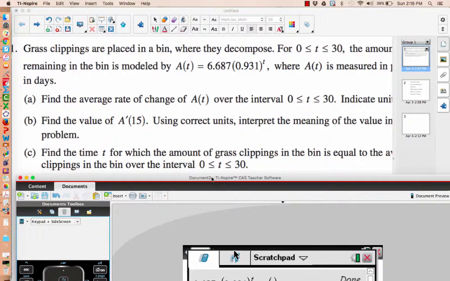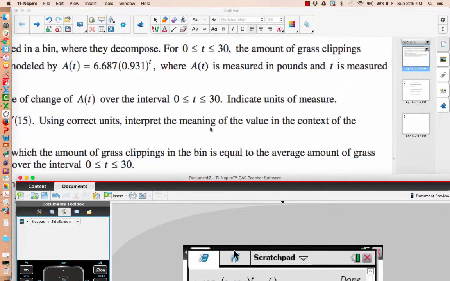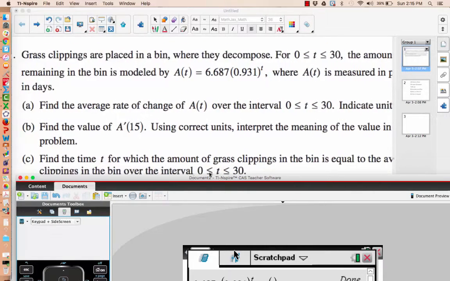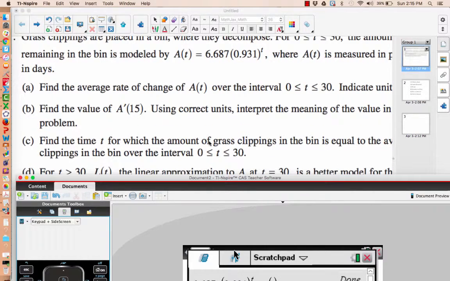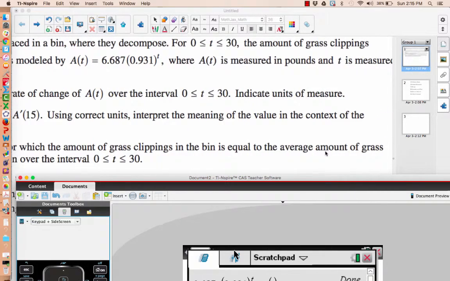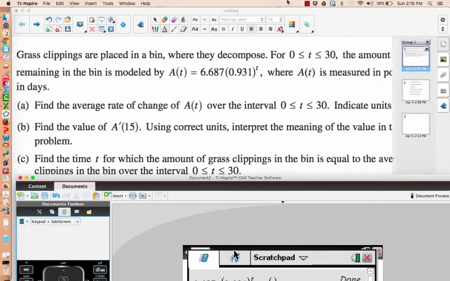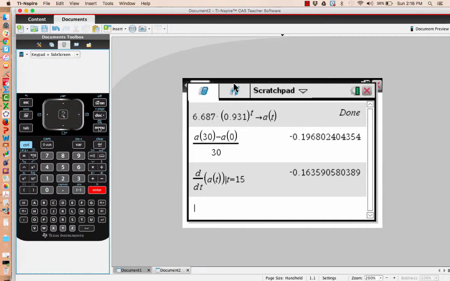And then let's use part C here. Find the time t for which the amount of grass clippings in the bin is equal to the average amount of grass clippings in the bin over the interval 0 to 30. So we want the actual amount of grass clippings in the bin set equal to the average amount, not the average rate of change, the average amount of grass clippings in the bin between 0 and 30. So this is going to be an equation to solve.